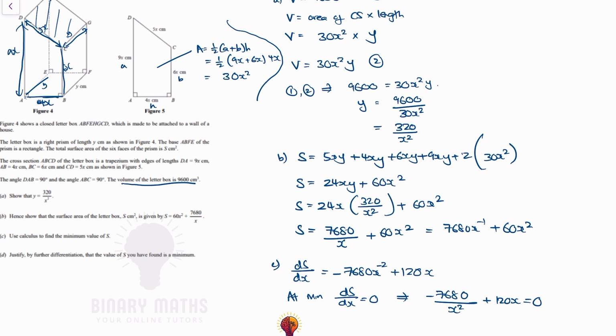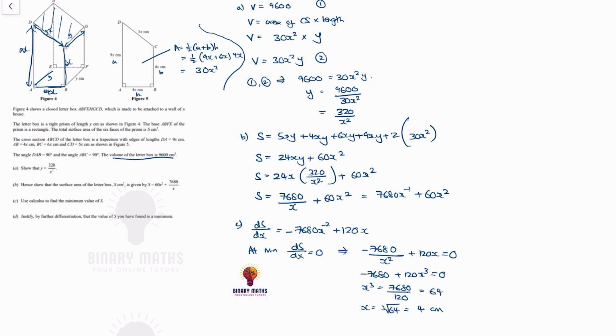If I multiply through by x squared, I get minus 7680 plus 120x cubed is equal to 0, which means x cubed is equal to 7680 divided by 120, which is 64. So x will be the cube root of 64, which is equal to 4. Because it was using centimeters, x will be 4 centimeters.